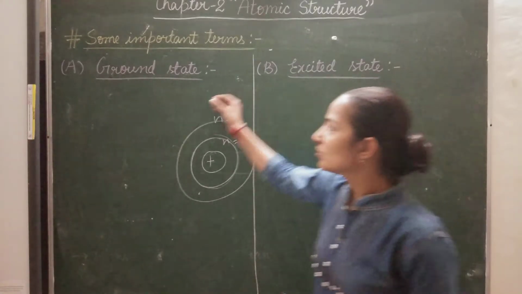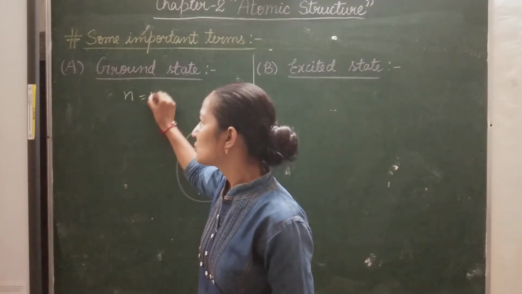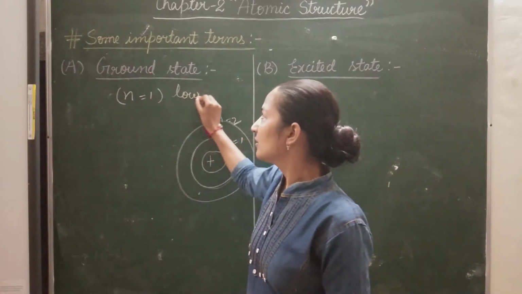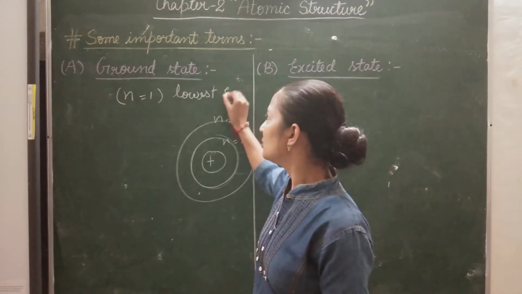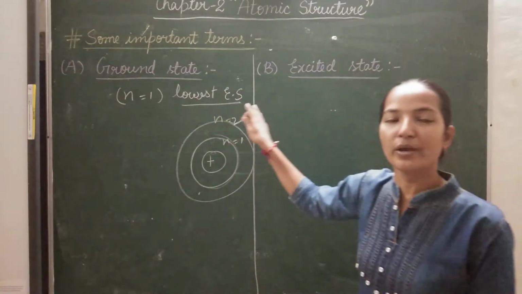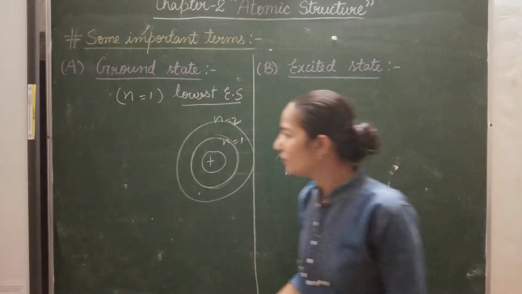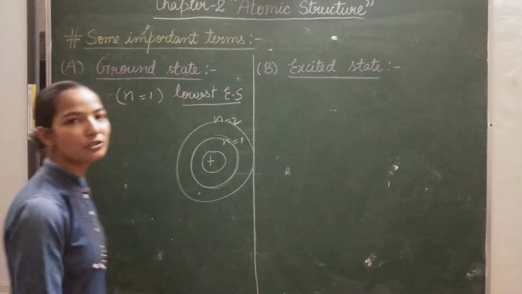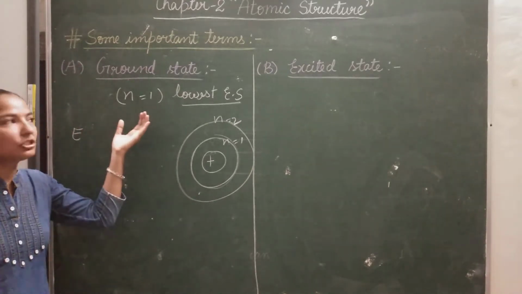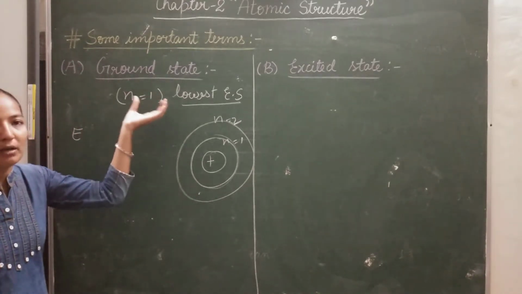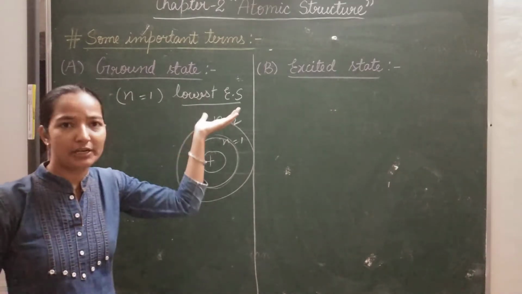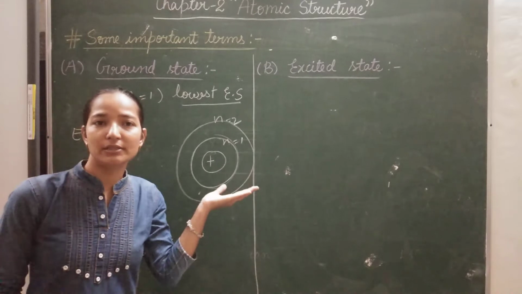So n equals 1 represents the ground state and it is the lowest energy state of the atom. So if we consider the energy of the lowest energy state, n equals 1, what is the energy in this state?